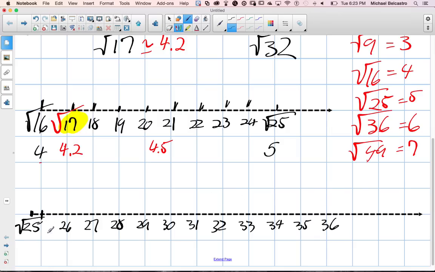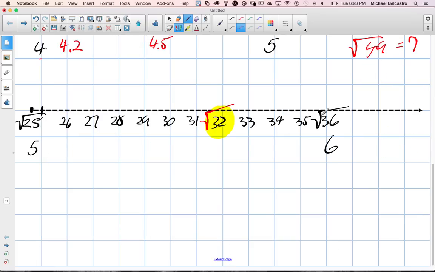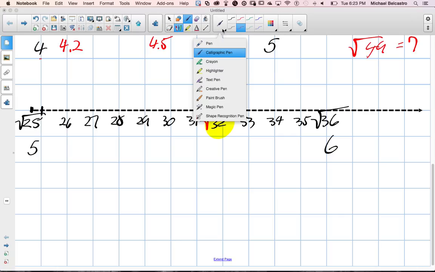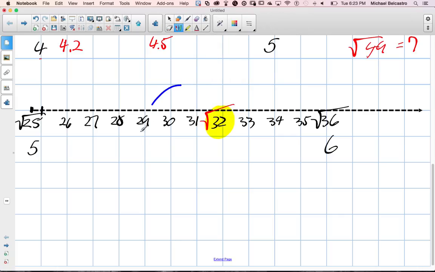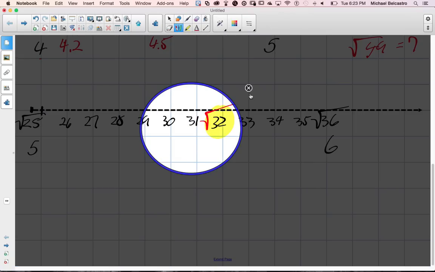We know the square root of 25 is 5. And we know the square root of 36 is 6. And we're looking for the square root of 32. Okay, so this one isn't as close to a value. We can kind of estimate halfway between. Halfway between probably falls somewhere around here-ish, right? We're gonna estimate.